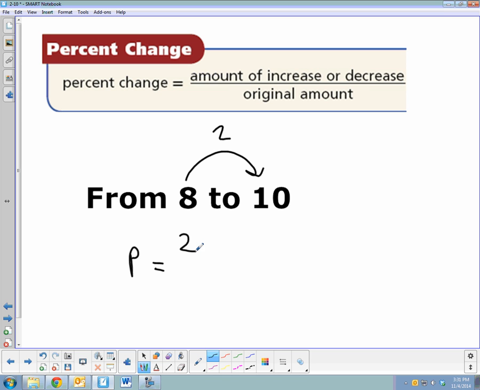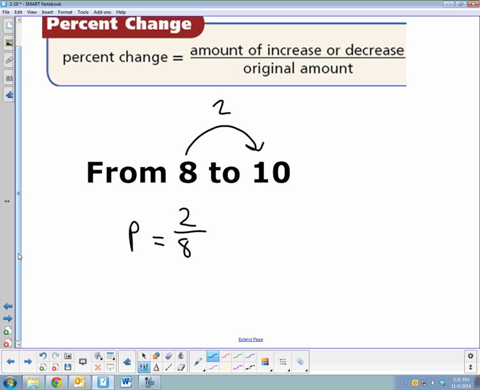So the amount of change is 2. The original amount, if it started at 8 and went to 10, the original amount was 8. Okay, I have an equation. What is P equals 2 over 8? Well, 2 over 8, that's 1/4, so P equals 0.25.